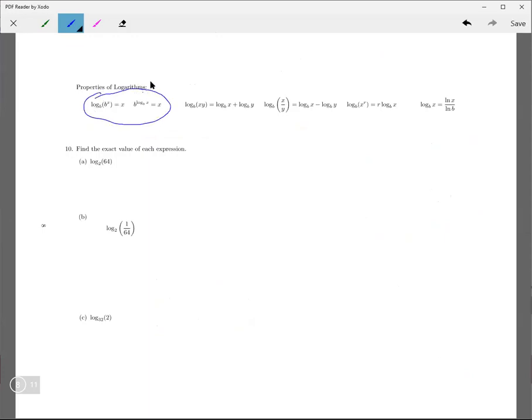This is just the inverse function properties, and this basically comes from what I said earlier: f inverse of f of x equals x, and f of f inverse of x equals x. So those are just the inverse properties.